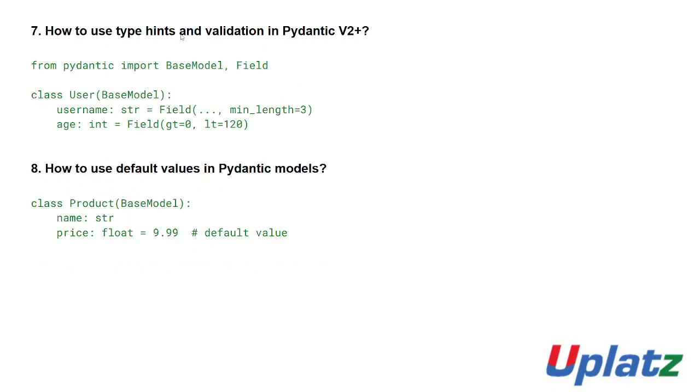7. How to use type hints and validation in Pydantic version 2 plus. From pydantic import BaseModel, Field. class User(BaseModel): username: str = Field(..., min_length=3), age: int = Field with gt=0, that will be greater than 0.